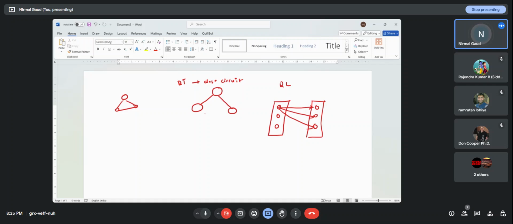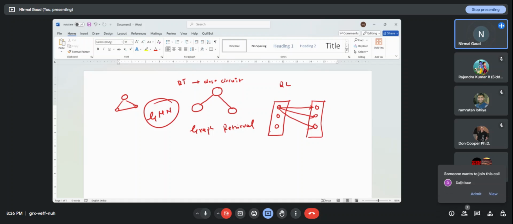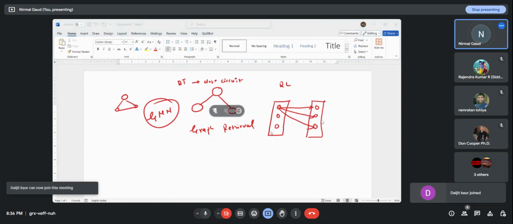Apart from that, we have further concepts like graph neural networks and graph retrieval also. So the graph is very important, the way it solves a problem easily.